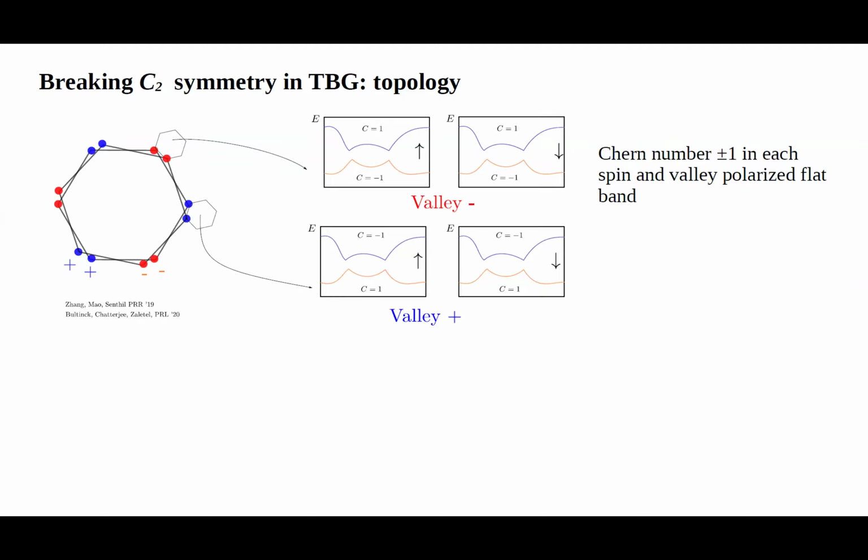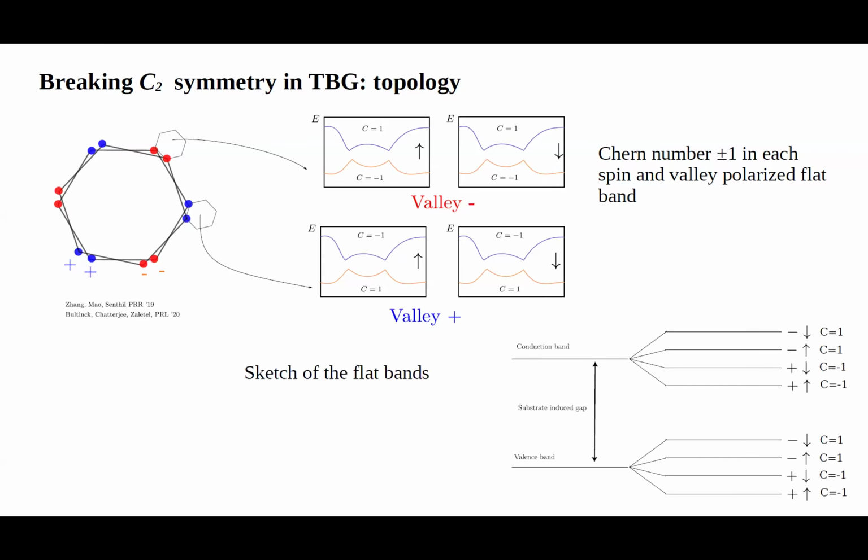You can focus on the left because going from left to right is just a spin conjugation, and nothing changes when you change spin. But in one valley, you are going to have Chern -1 for one band and Chern 1 for the other band. And because the other valley is its time reversal partner, now the Chern numbers are going to be opposite. So Chern 1 below and Chern -1 on top.